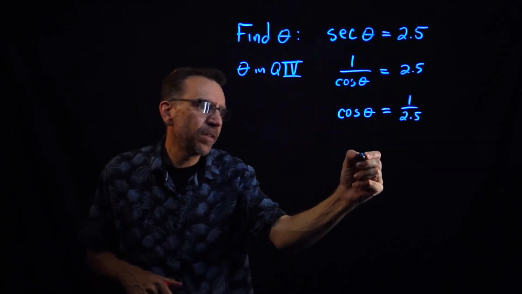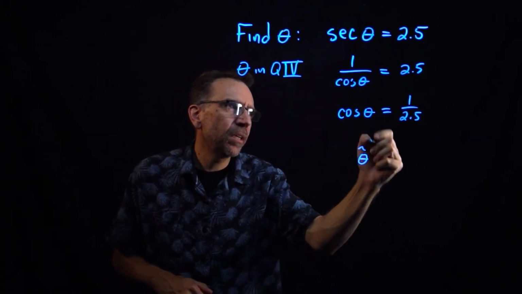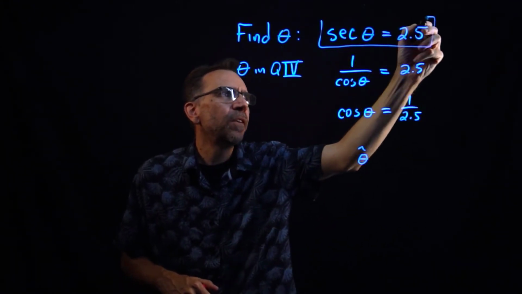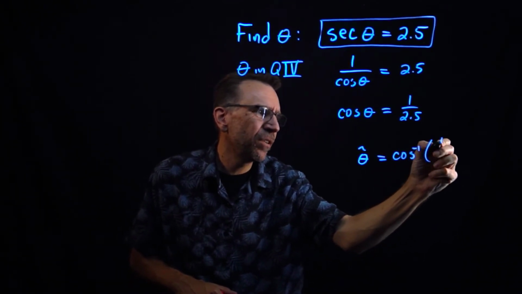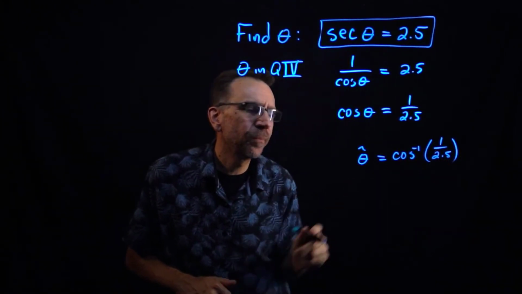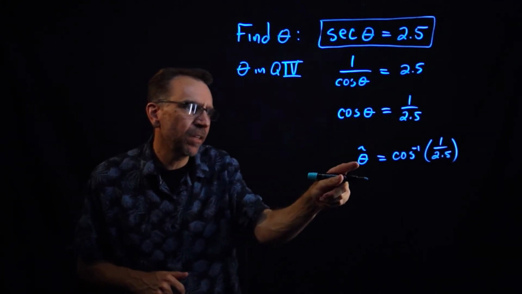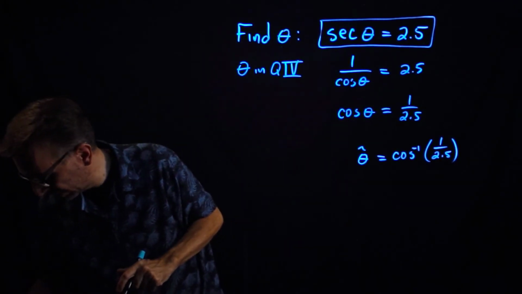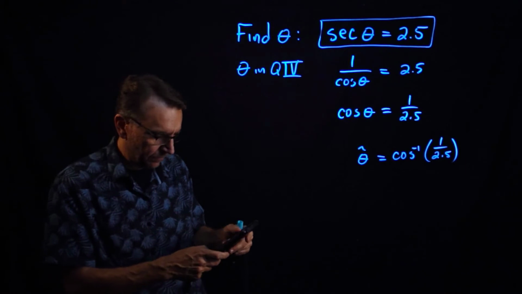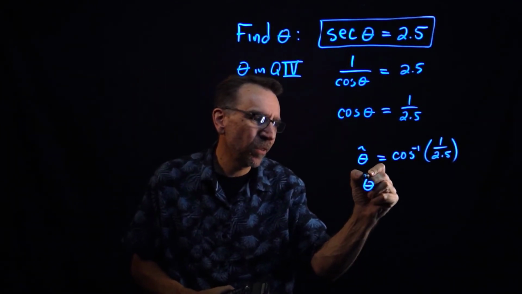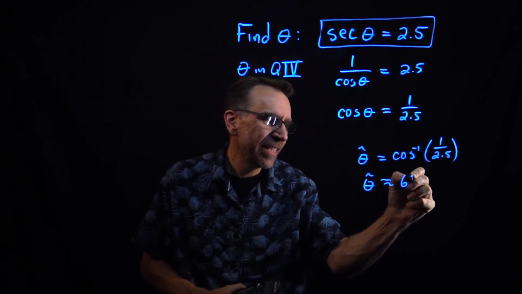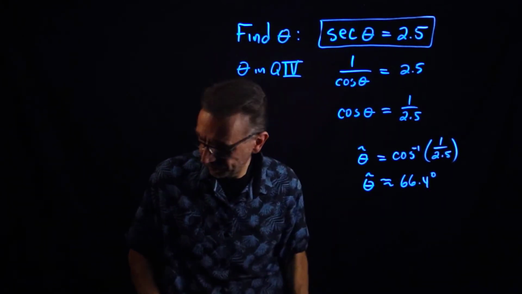All right, so the reference angle for this particular trig function is equal to cosine inverse of 1 over 2.5. Okay, so we can do that on a calculator and we get that reference angle. Okay, doing that I get 66.4, so theta hat is approximately 66.4 degrees.